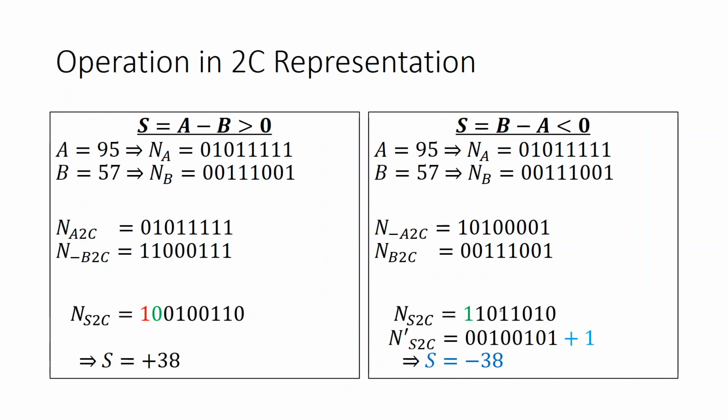One should not forget this. So please highlight this in your mind, and always remember that one must not forget adding the 1. Otherwise your result would be wrong. So this is all about the operation in 2's complement representation, as I have shown here, A minus B and B minus A.